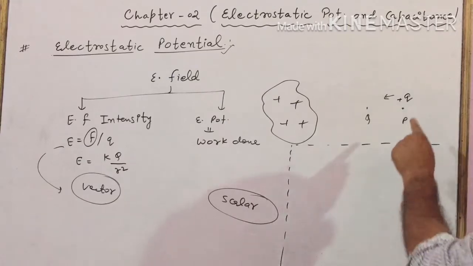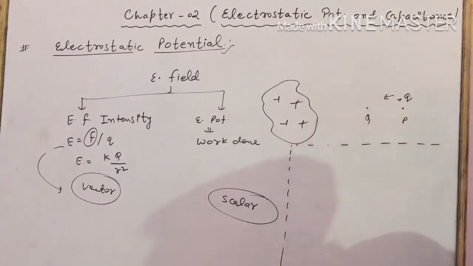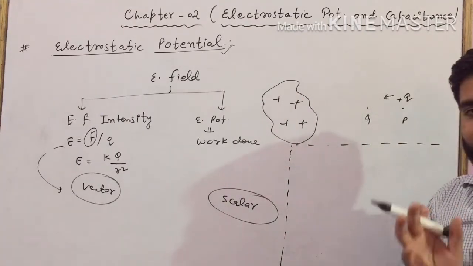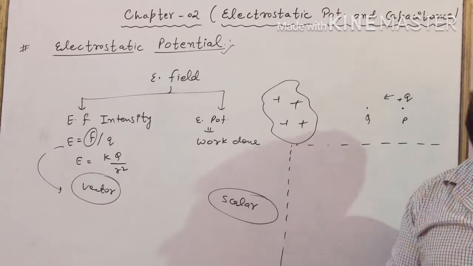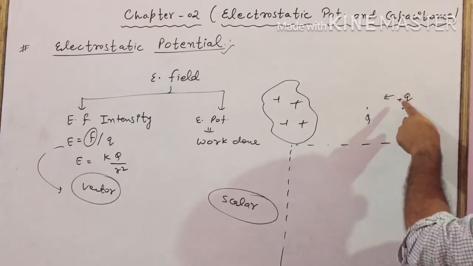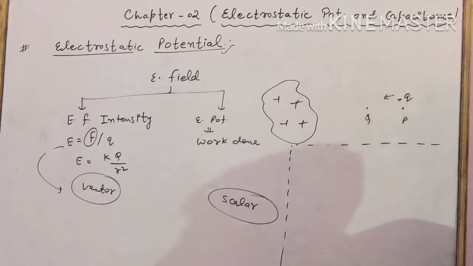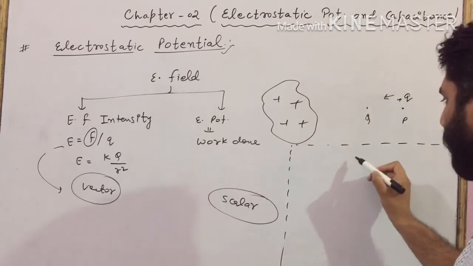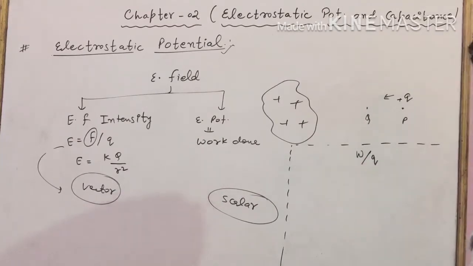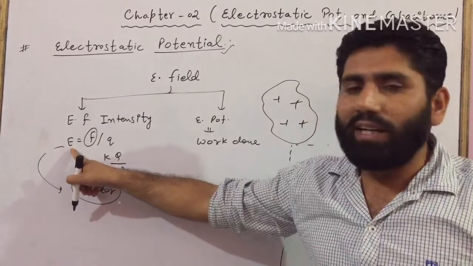One, how much charge you are moving, and secondly, the strength of electric field. So we simply want to characterize the strength of field. So anyhow I have to eliminate the dependence on the charge. So what I will do is consider this quantity, work done upon test charge, like we did in the case of electric field intensity.